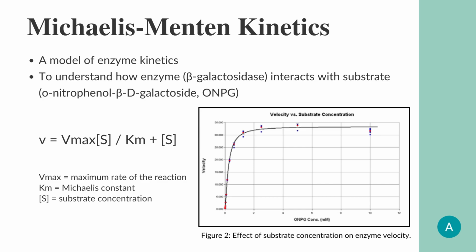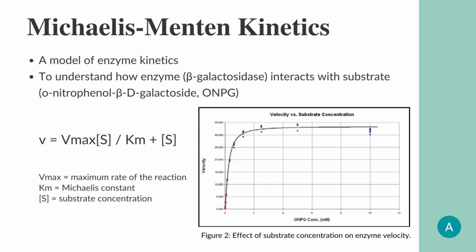In Figure 2, when the Michaelis-Menten graph of the reaction's velocity against the ONPG substrate concentration is plotted, the rate of the reaction initially exhibits a rapid linear increase as the substrate concentration increases, and eventually reaches a plateau, where further increases in the substrate concentration have no effect on reaction velocity, as all enzyme active sites have been saturated with the substrate.